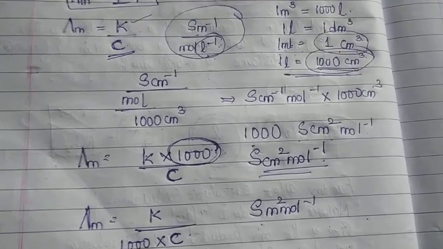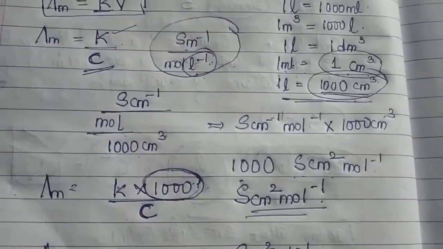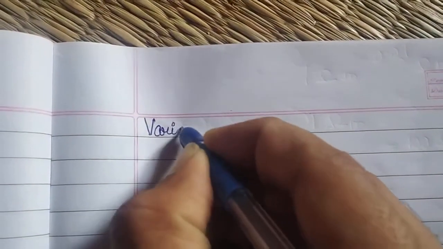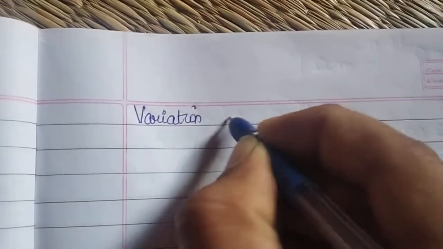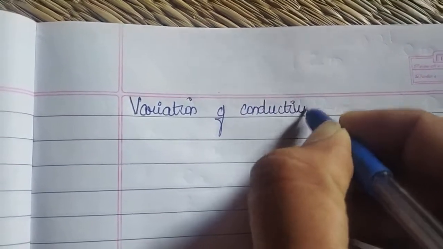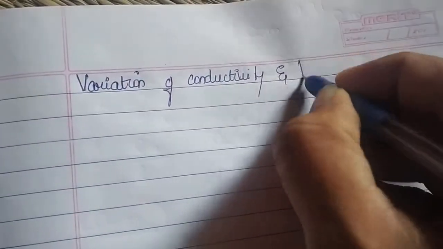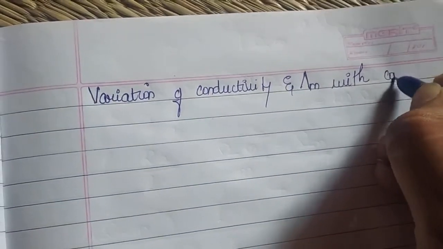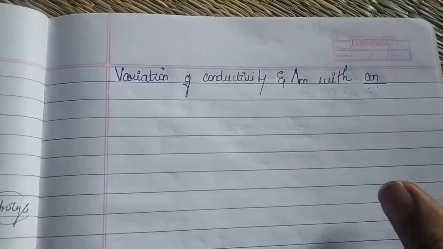Is that clear? Now we are going to understand one of the most important concepts, which is called variation of conductivity and molar conductivity with concentration. Very important concept.